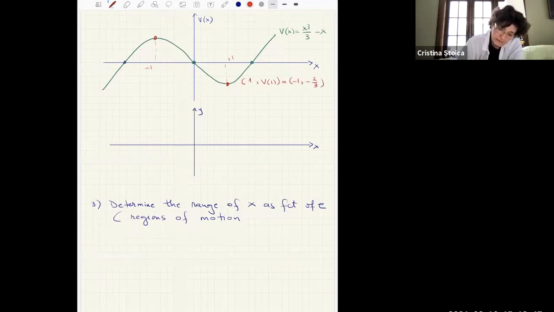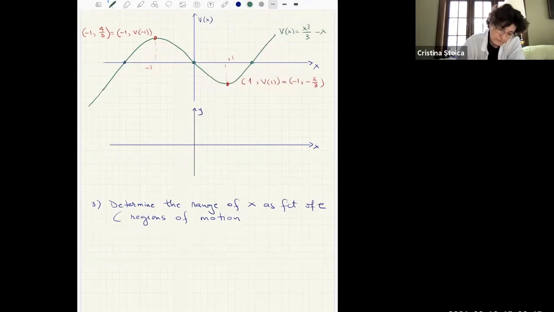And this point here is x is -1 and V is -1, so it will be -1 and 4/3. Am I ready to release the analysis? I think so, yeah. So let's see.